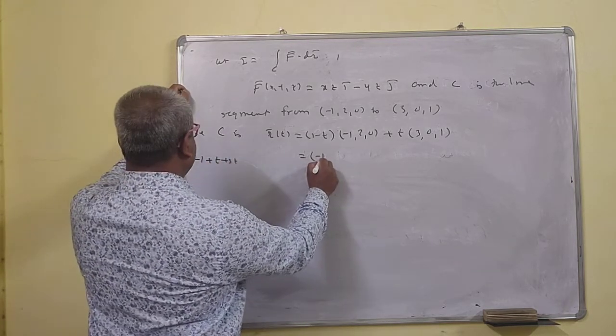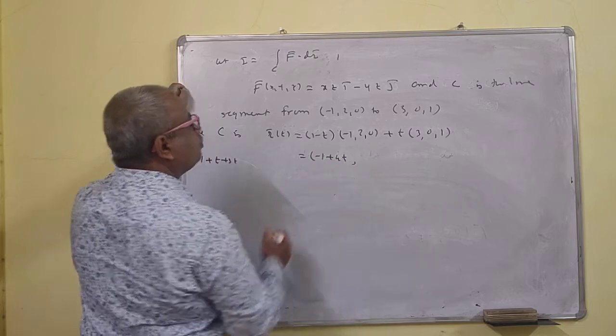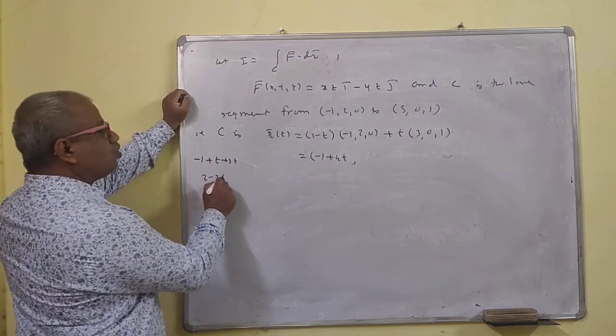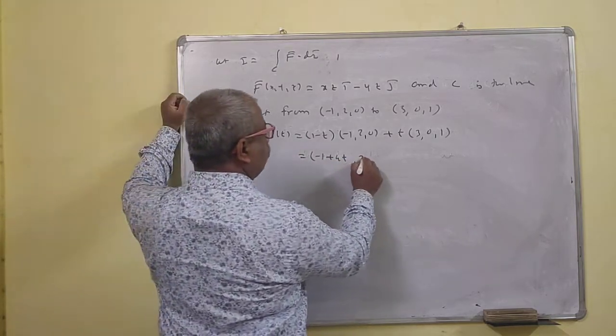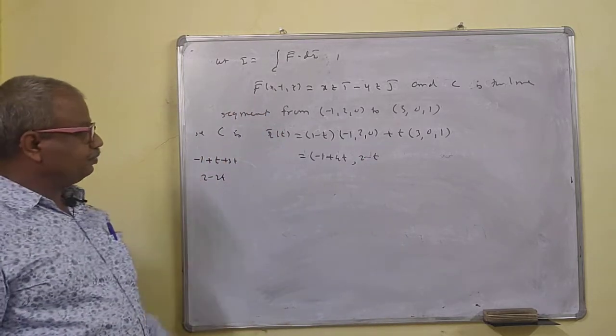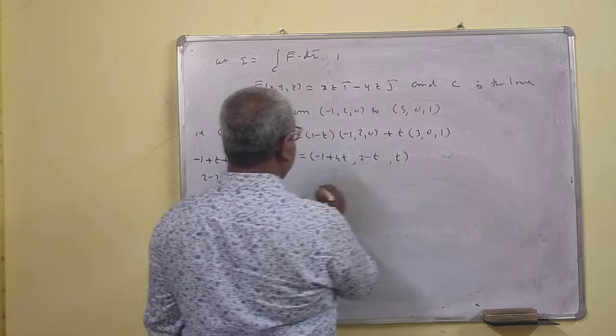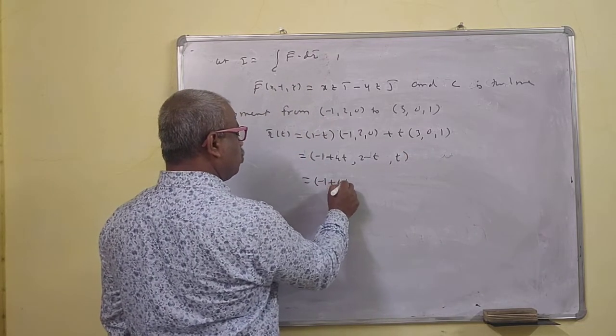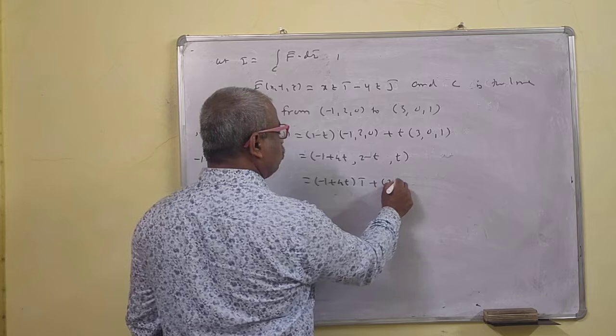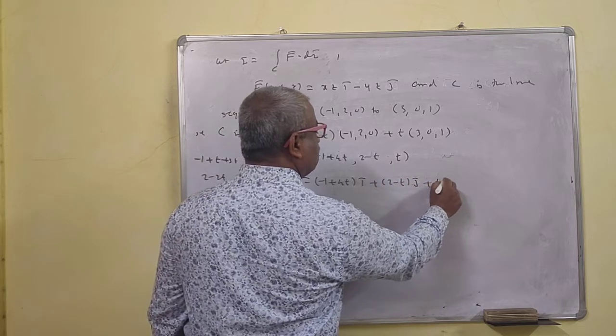So this is what then, minus 1 plus 4t. Then this is what, 2 minus 2t, and then this is 0, so this is only t now. So that is what: minus 1 plus 4t i bar plus 2 minus t j bar plus t k bar.